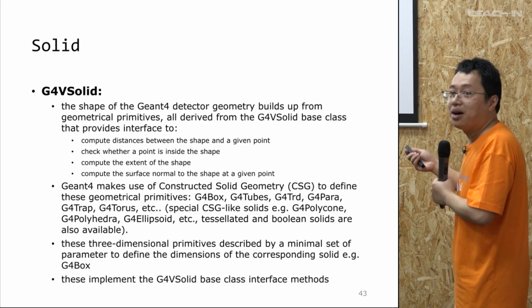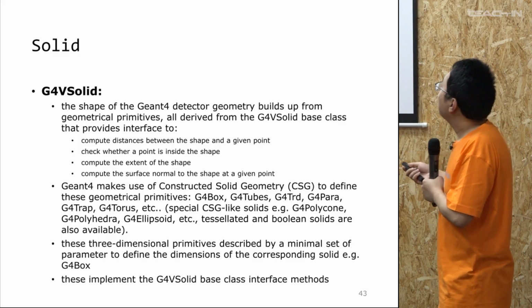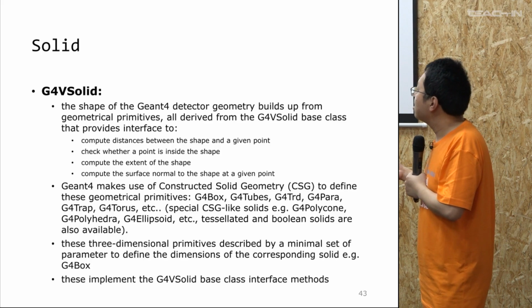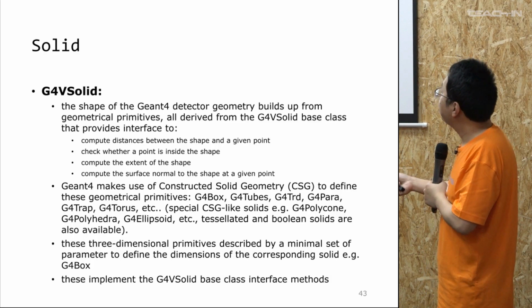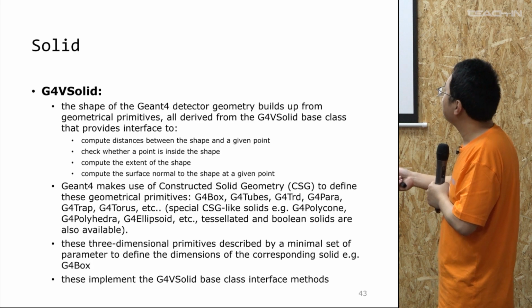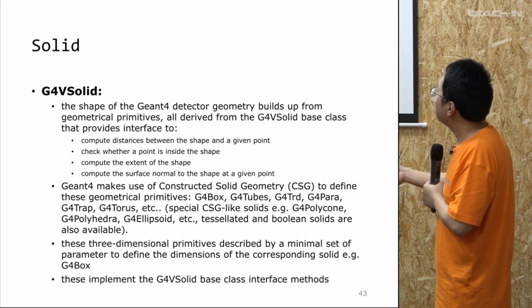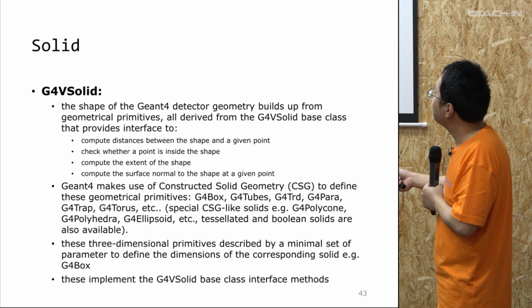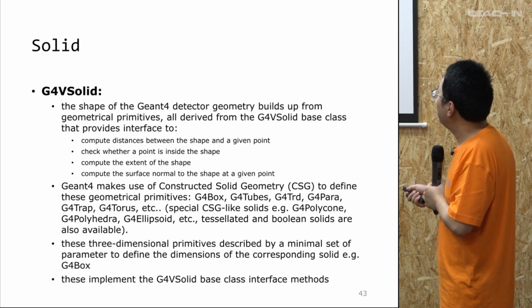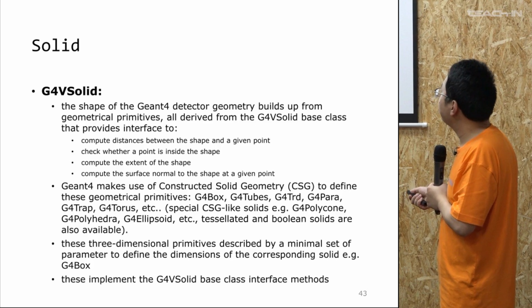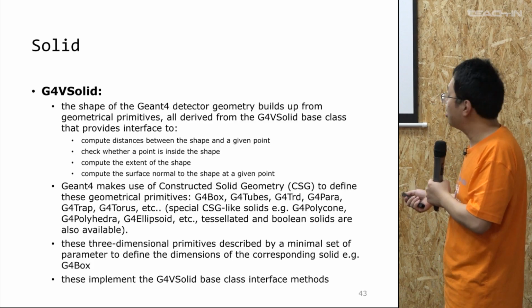First is the solid. The solid defines the shape of the geometry. There is a base class called G4VSolid, and based on this solid base class, there are a lot of predefined shapes.